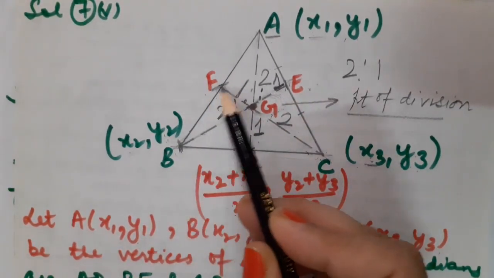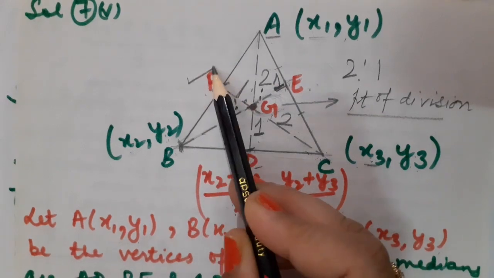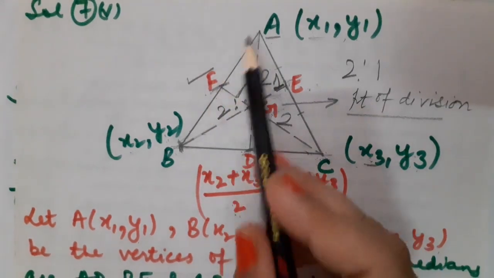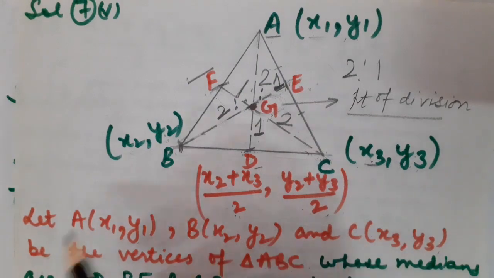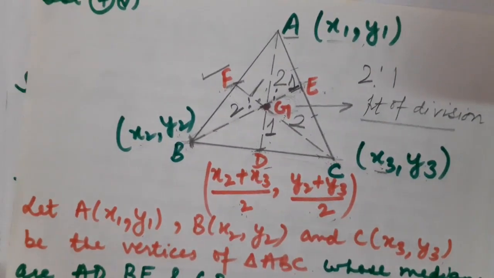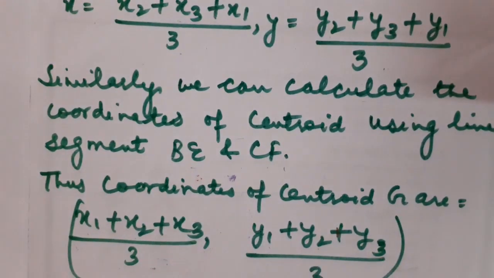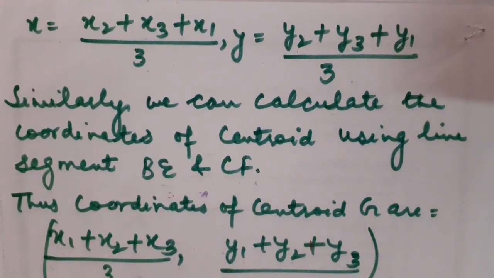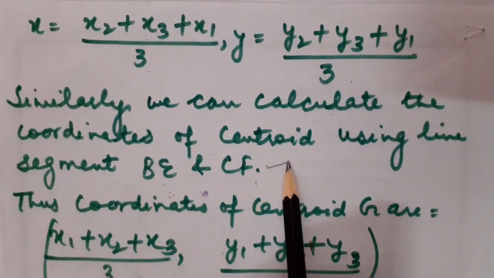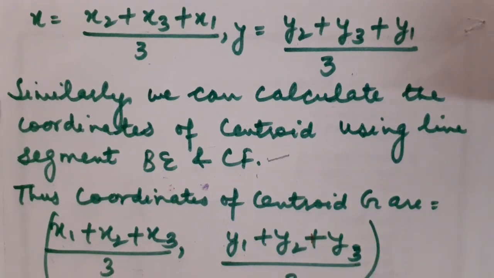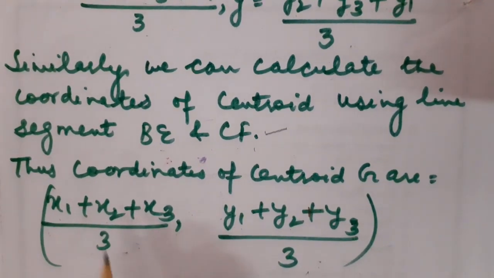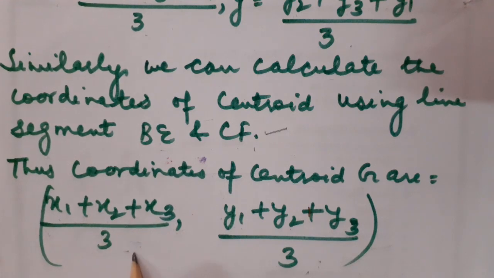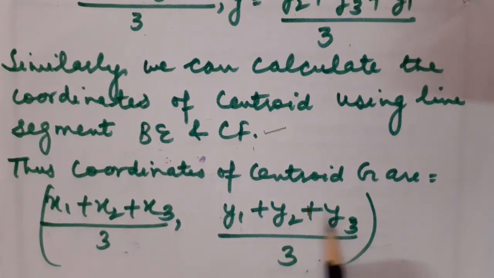But there you are going to calculate the coordinates of this point F, which is actually the midpoint of A as well as B. So that depends on you. Here I have written, similarly, we can calculate the coordinates of the centroid point using the line segment BE as well as CF. So thus the coordinates of the centroid are (x1 plus x2 plus x3) upon 3, (y1 plus y2 plus y3) upon 3.